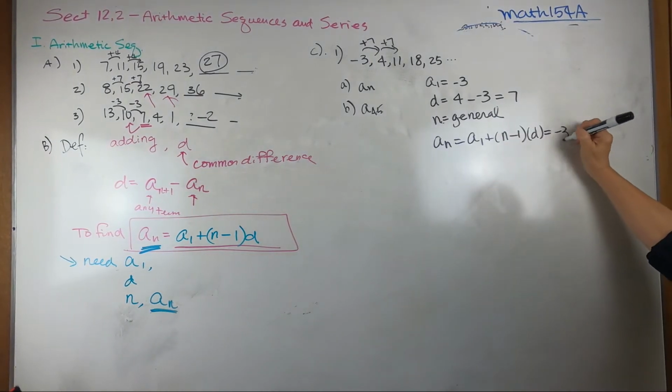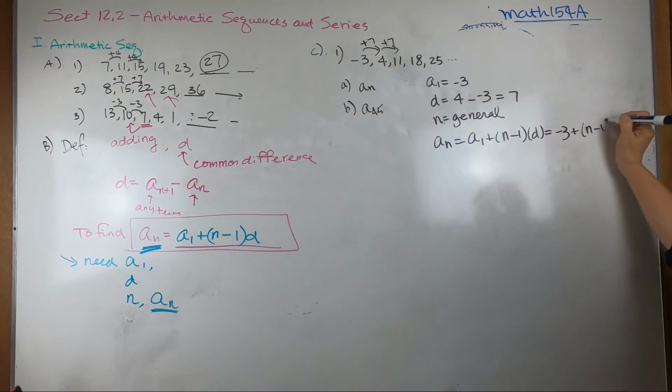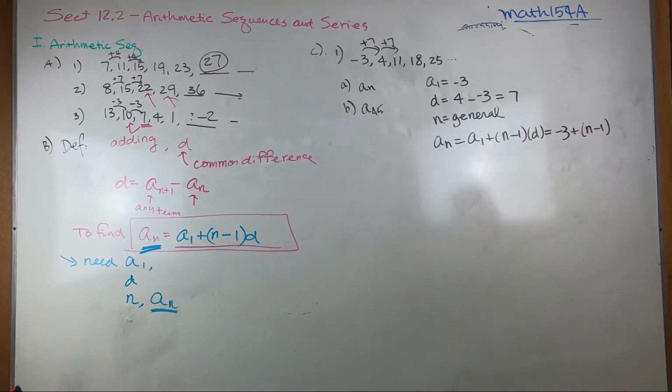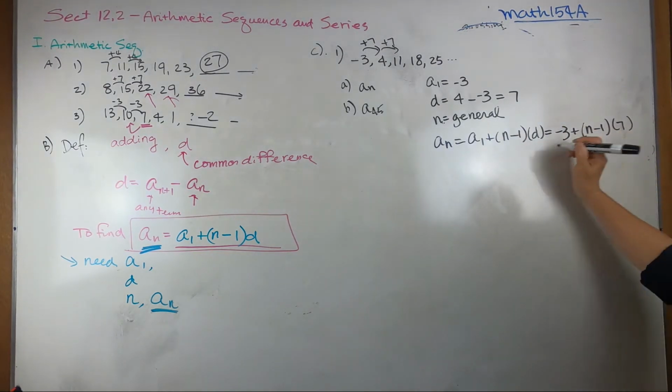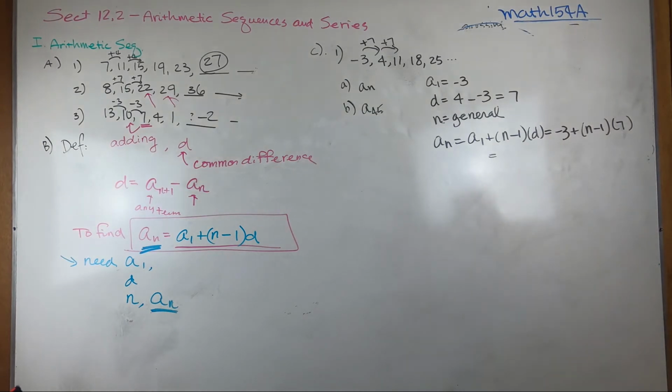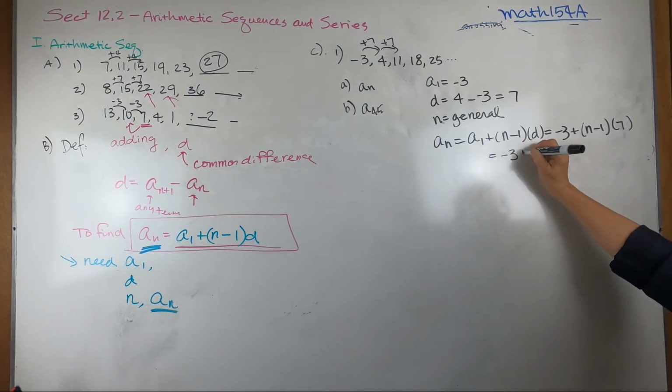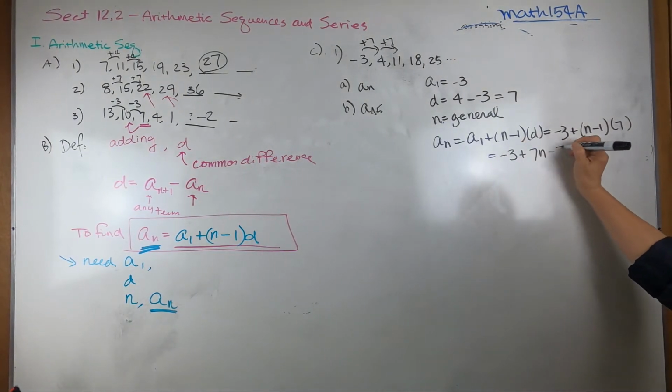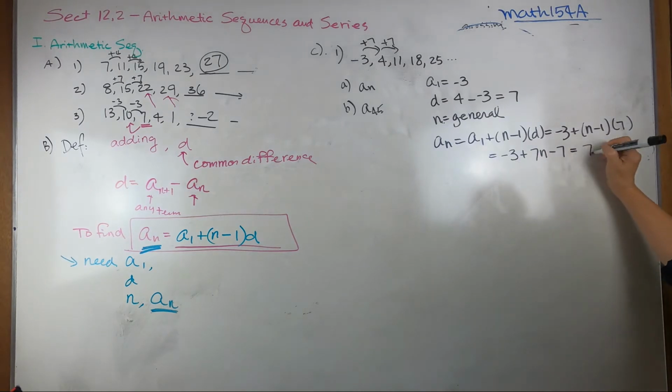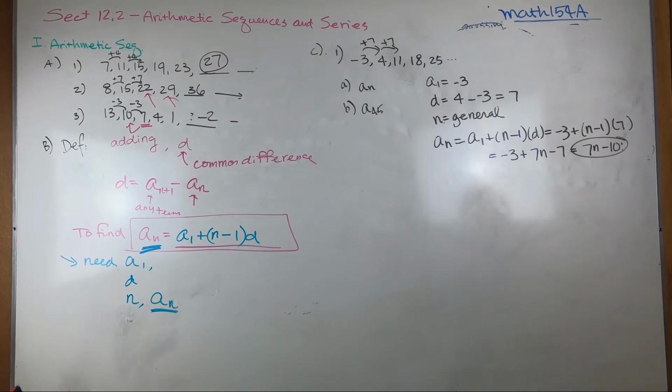A1 is a -3, then N minus 1 is the general right now, D is a 7. But you don't leave the answer that way because you need to simplify, spell it out. So that will be -3 plus 7n minus 7. That will be what? 7n minus 10. That will be your general term. What do we expect?